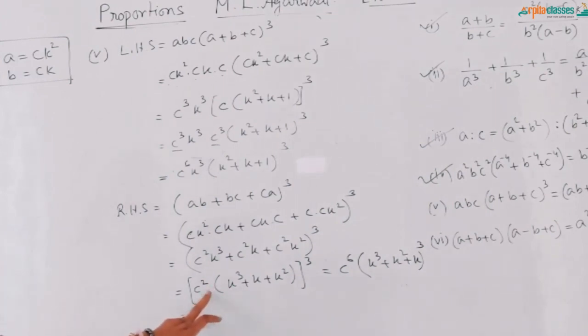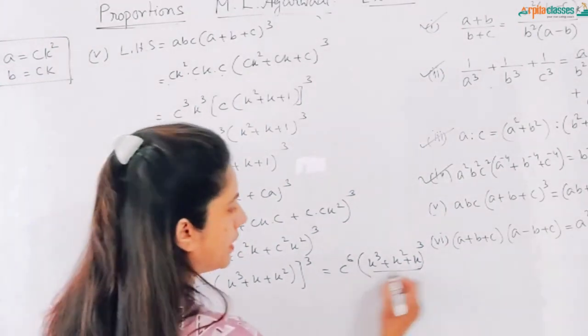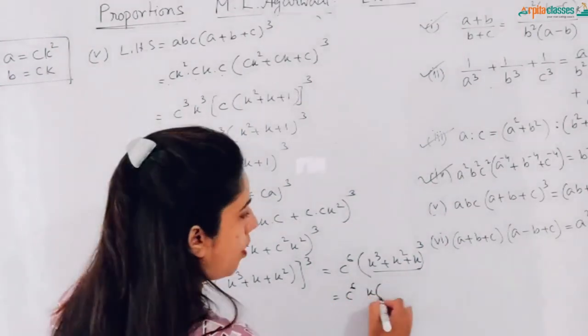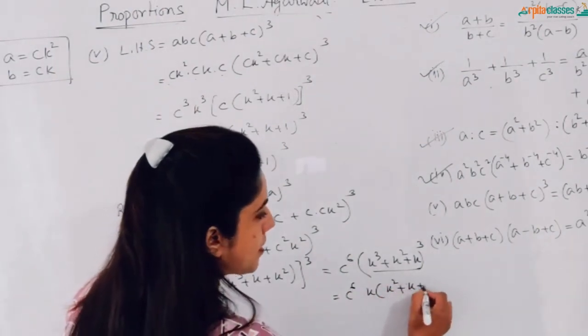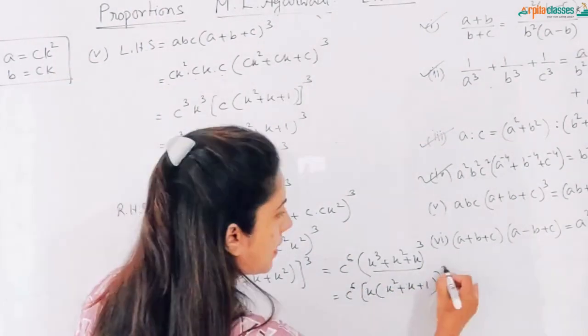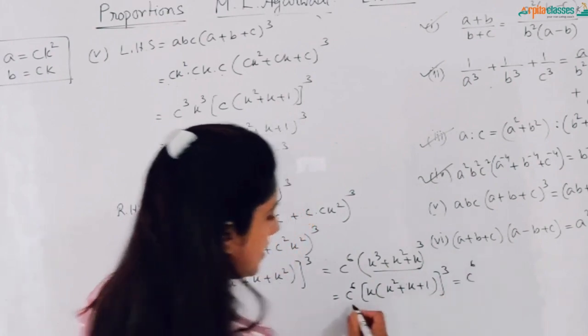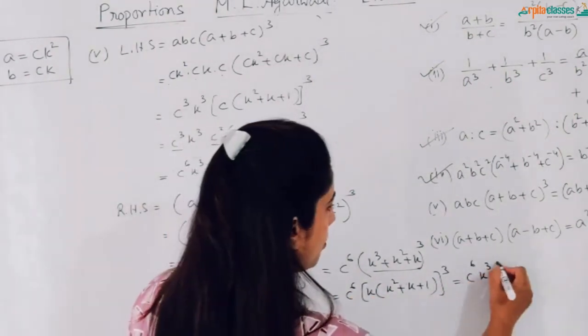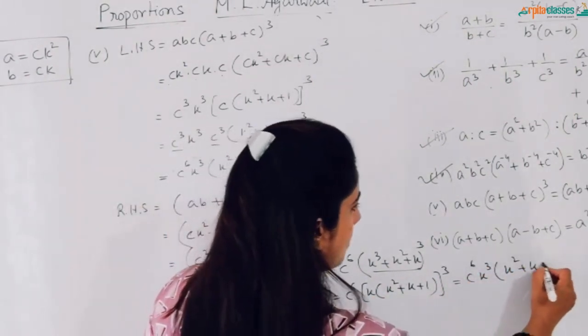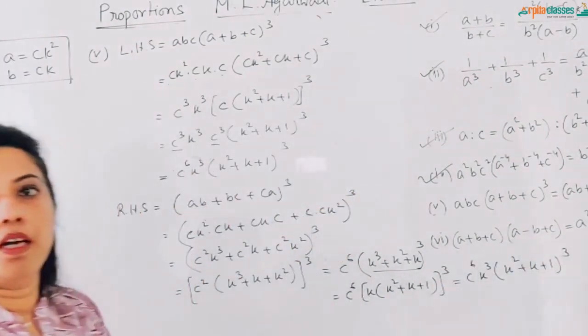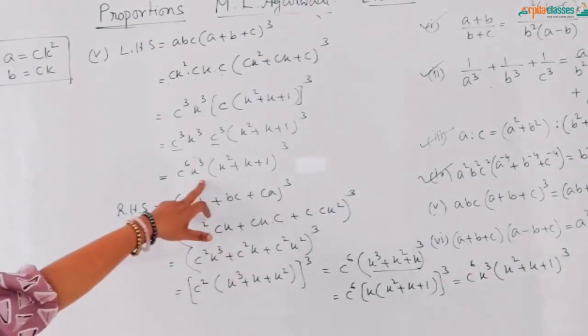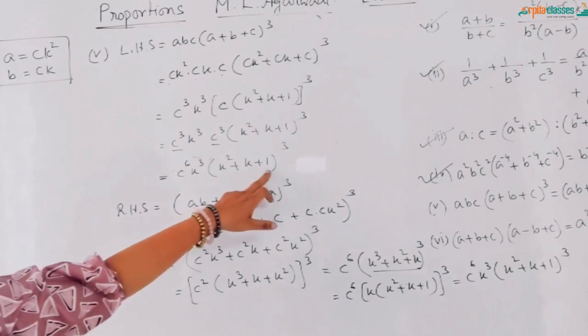Okay, so I can take even a k common from here. It is c to the power 6, k common, so it will be k square plus k plus 1 and this whole thing has a cube. So finally we get c^6 k cube whole into k square plus k plus 1 whole to the power cube. Now if you look at the left hand side, c^6 k cube, k square plus k plus 1 whole cube.